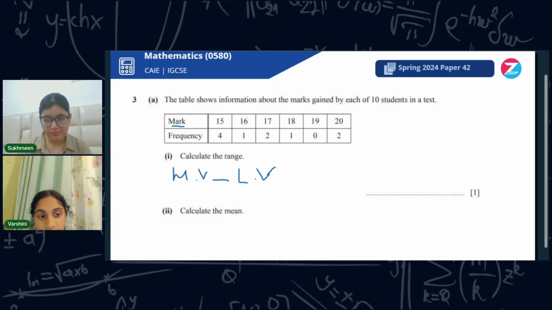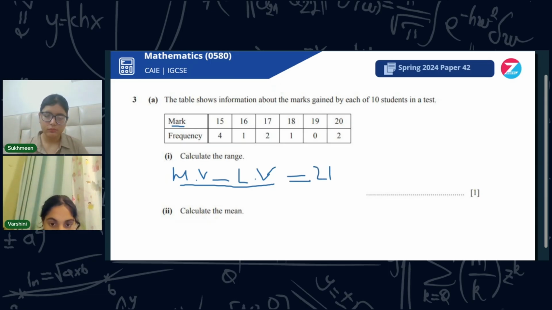So 15 is coming 4 times, 16 is coming once, 17 is coming twice, 18 once, 19 is not coming at all, and 20 is coming twice. We just want the highest value minus the lowest value, so that is 20 minus 15, which is 5.